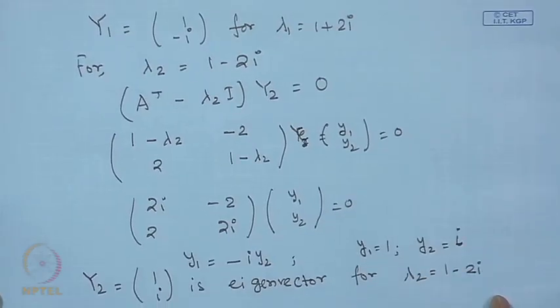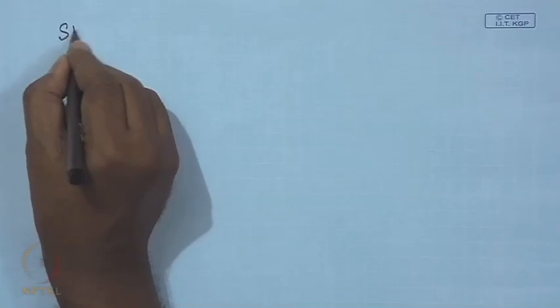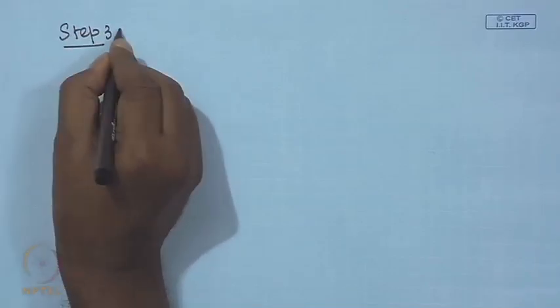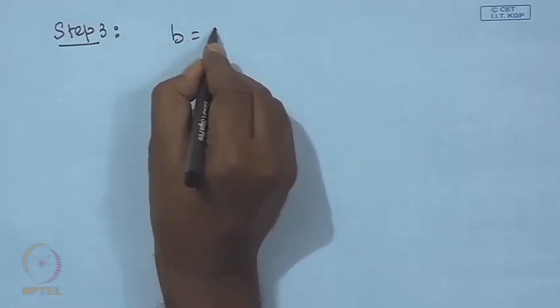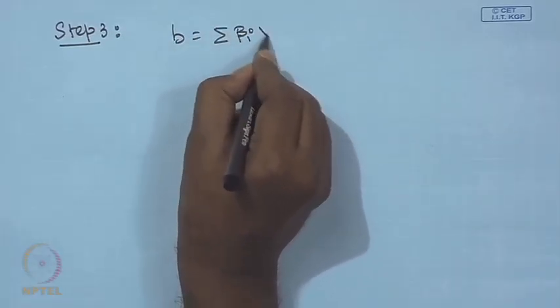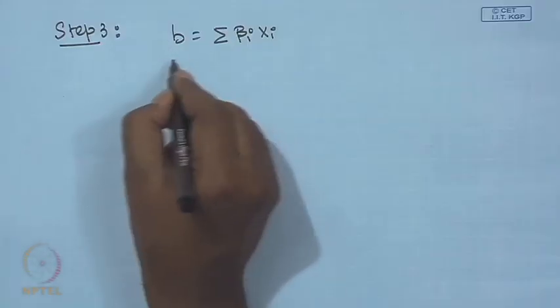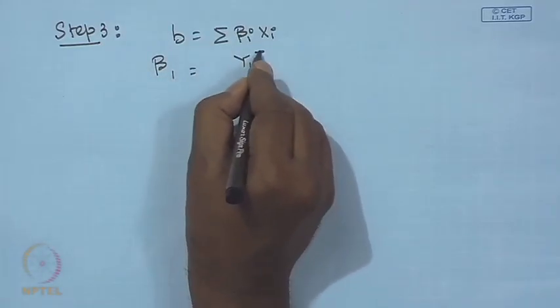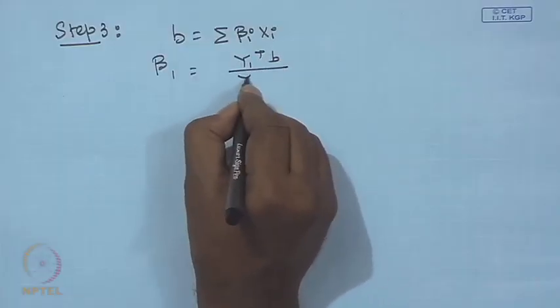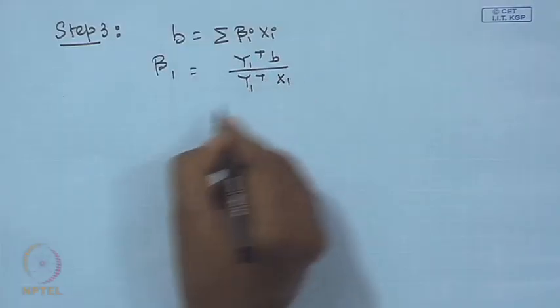So, we have evaluated the eigenvectors for A, and we have evaluated the eigenvectors of A transpose. Next step is step 3. For step 3, we evaluate the coefficients beta in the equation B is equal to summation beta I x I. So, if you remember, beta 1 is equal to y 1 transpose B divided by y 1 transpose x 1.